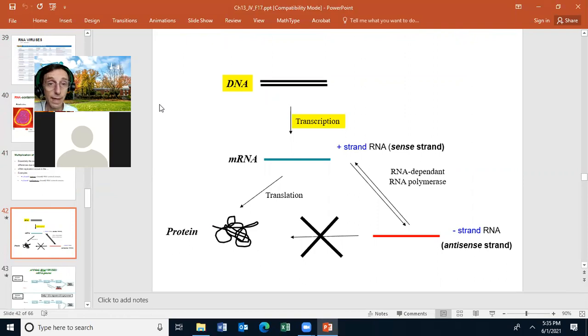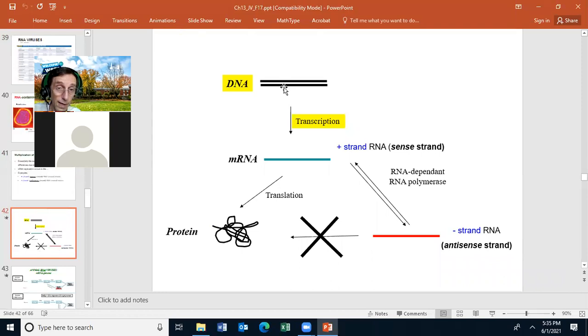So for a DNA double-strand virus, the replication is very simple. You just replicate the DNA, and if it's double-stranded, you just make it single-stranded and then build one strand on the single strand. You build the new strand on the single strand, and you build another new strand on the other single strand of DNA.